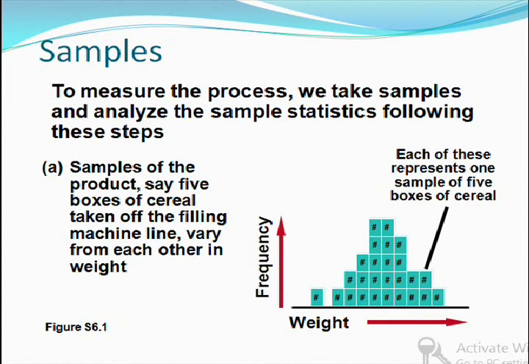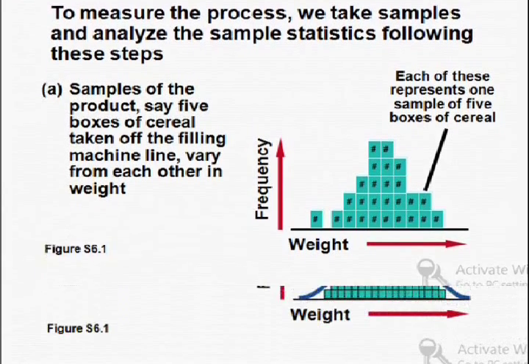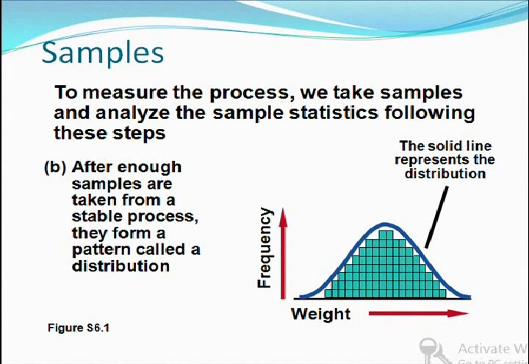Each of these represents one sample of 5 boxes of cereal. Letter B. After enough samples are taken from a stable process, they form a pattern called a distribution, which means after they are collected and stable, they will be distributed. The solid line represents the distribution.